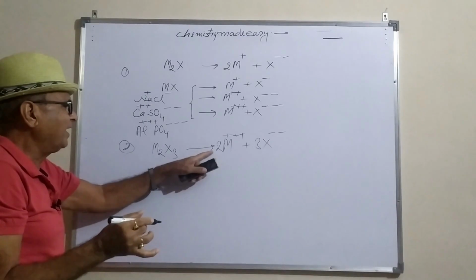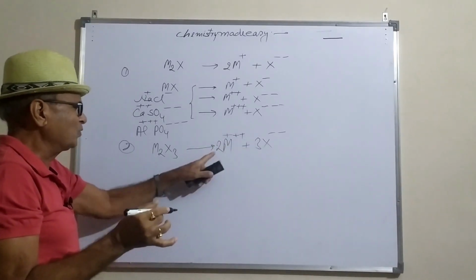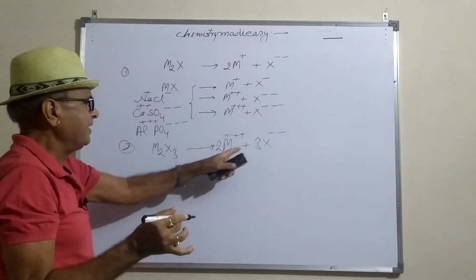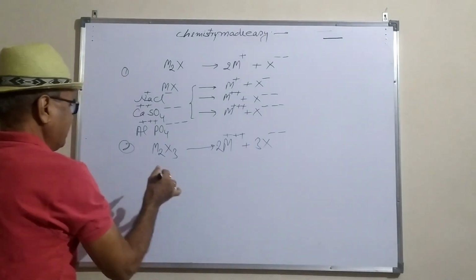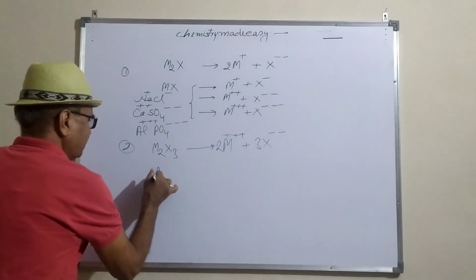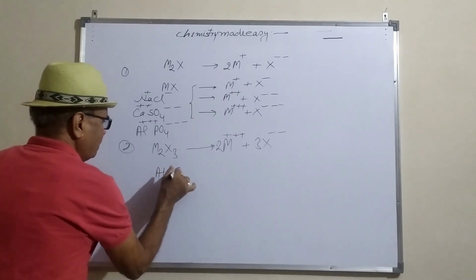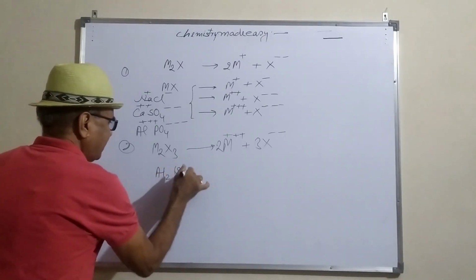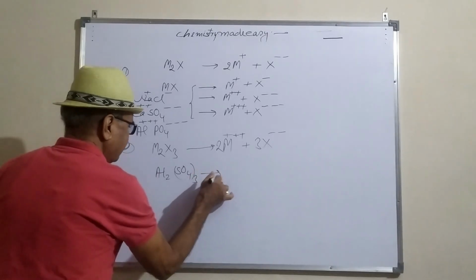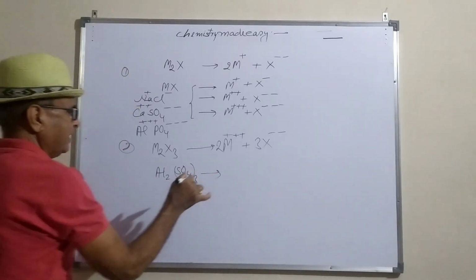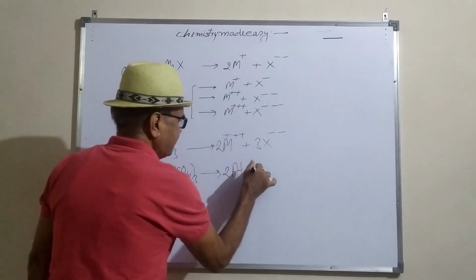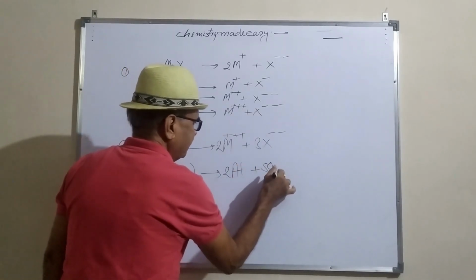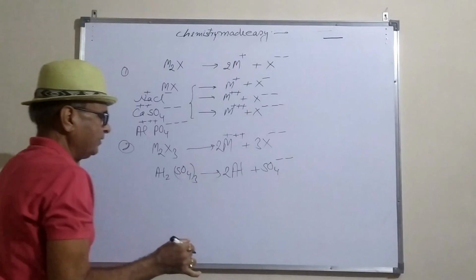These 2 and 3 are the number of ions, 2 M ions and 3 X ions. If you take an example, suppose Al2(SO4)3. Here 2Al plus 3SO4, SO4 double negative.